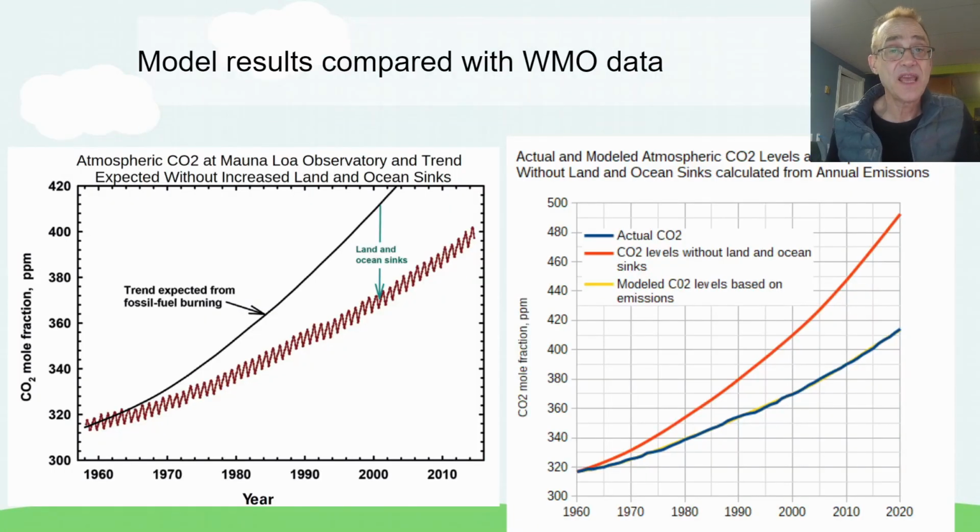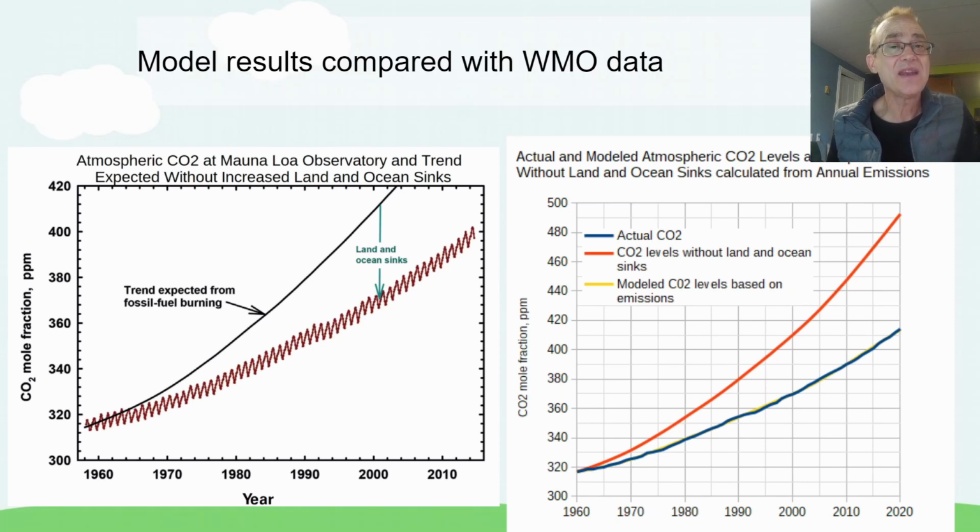Here's the graph again from the World Meteorological Organization along with my calculated and modeled results. As I said before, the trend line and the calculated carbon dioxide levels without land and ocean sink plots are identical within 0.5%. The actual measured carbon dioxide levels are plotted over the modeled levels.